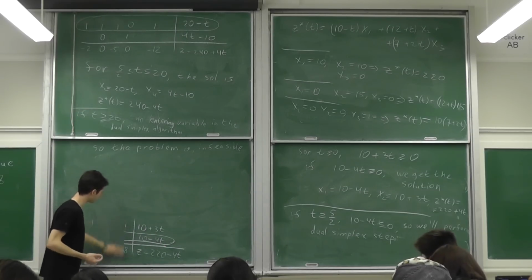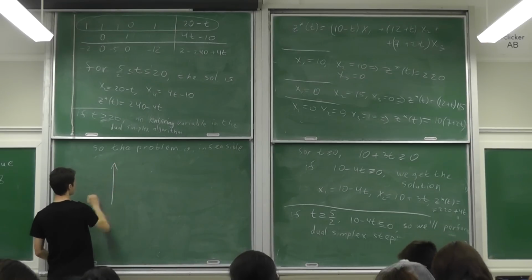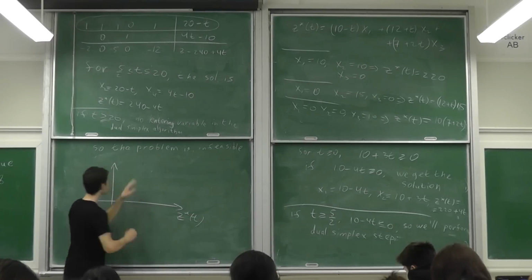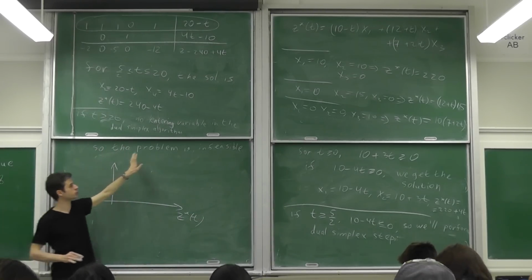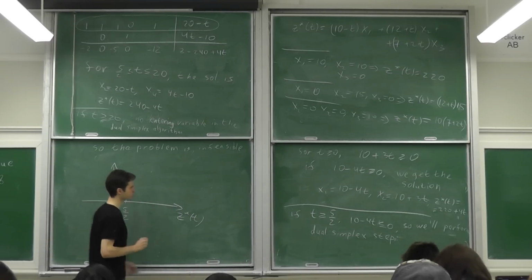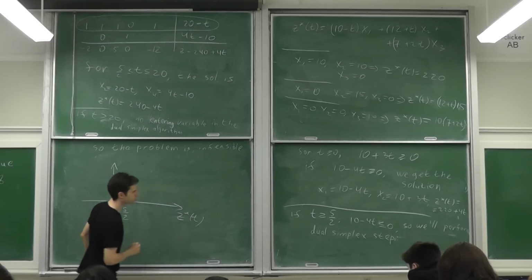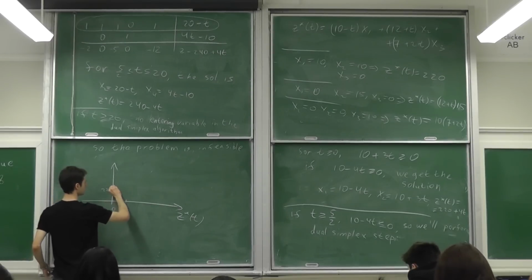Let's draw the function z star of t as a function of t. So now we know what happens to any kind of parameter. If t is from 0 to 5/2, the objective function is 220 plus 14t.